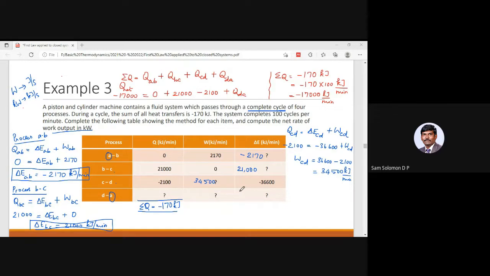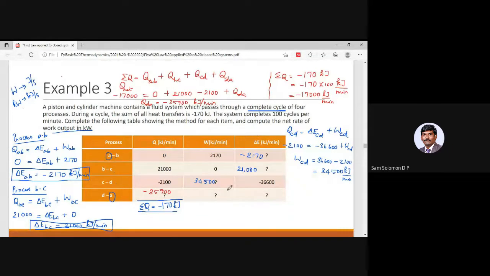Then I have minus 21,000, which is minus, QDA is minus 35,900 kilojoule per minute. Is my calculation correct? Yes, sir. So this is minus 35,900. If you add these three, you should get minus 17,000.